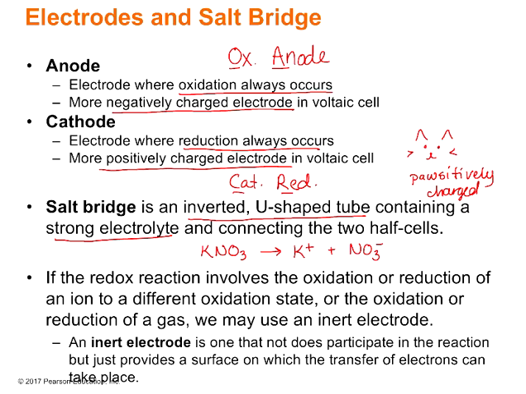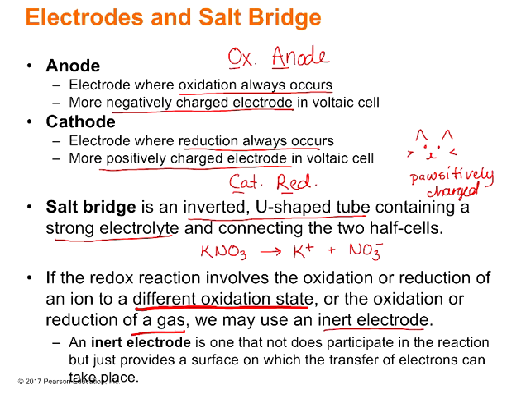All right, so if your redox reaction involves oxidation or reduction of an ion to a different oxidation state, so maybe you have copper 2+ and it's turning into copper 1+, for instance, or the oxidation or reduction of a gas, we may use something called an inert electrode.